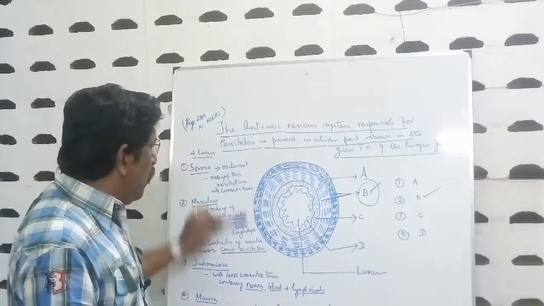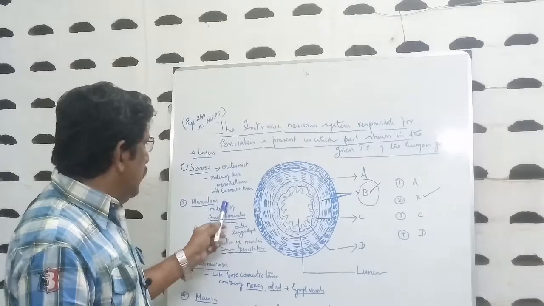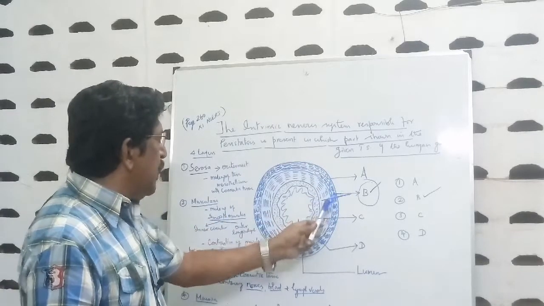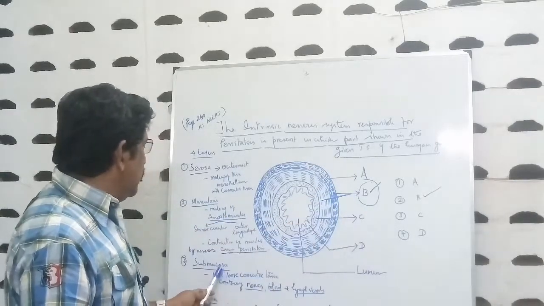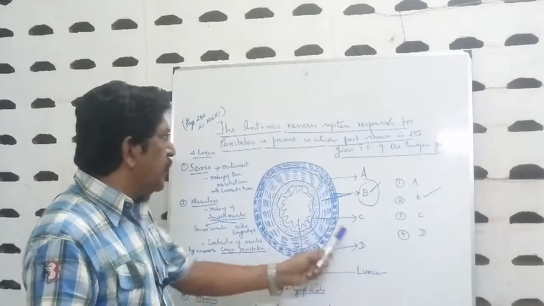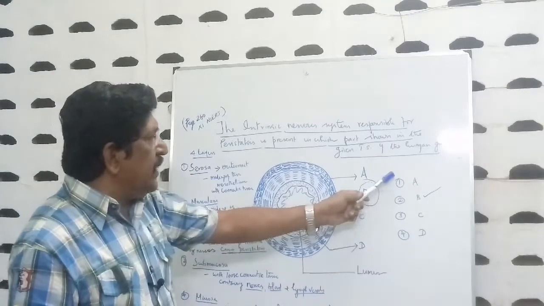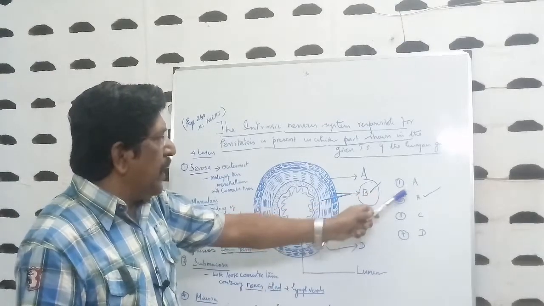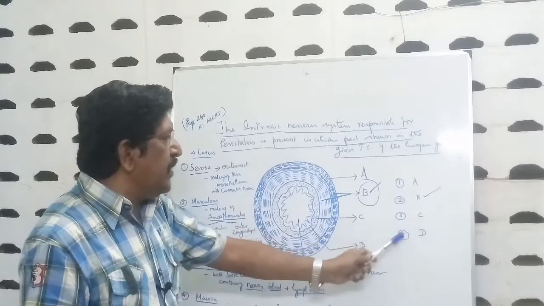So these are the four layers: A is serosa, B is muscularis, C is submucosa and D is the mucosa layer. So option 1 is A, 2 is B, 3 is C and 4 is D.